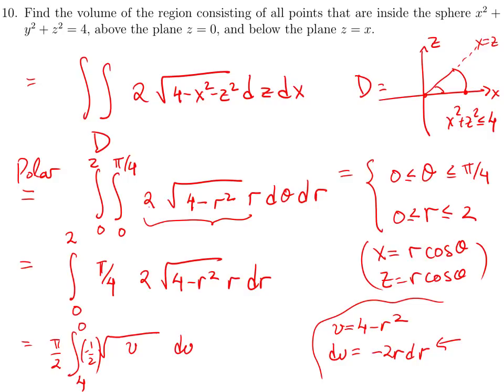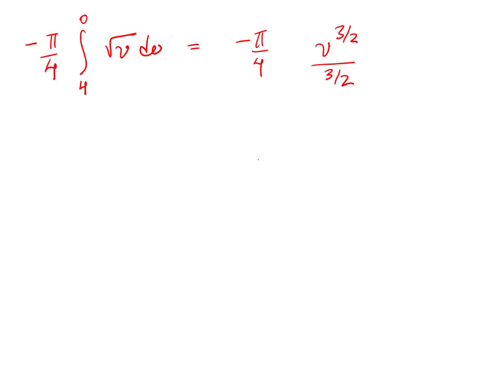So that becomes minus pi over 4 times the integral from 4 to 0 of square root of u du, which is minus pi over 4 times u to the 3 halves over 3 halves, evaluated between 0 and 4. Calculating it out, that's minus pi over 4 times 2/3.